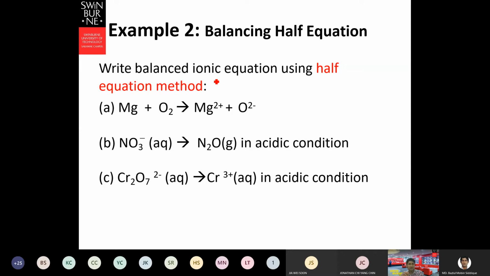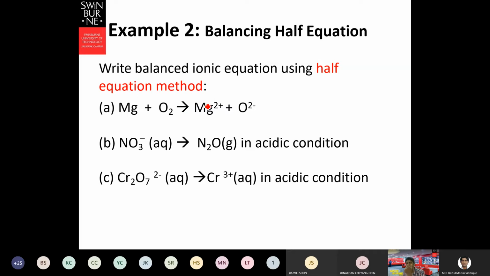All big problems you can break down into small problems and then manage better. We will do the same thing for oxidation reduction: balance the equation in smaller parts, that is, halves. The first one is magnesium and oxygen.